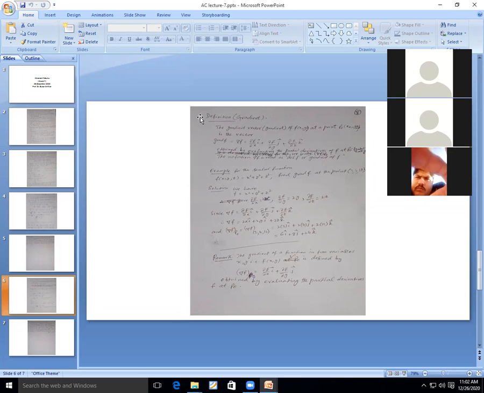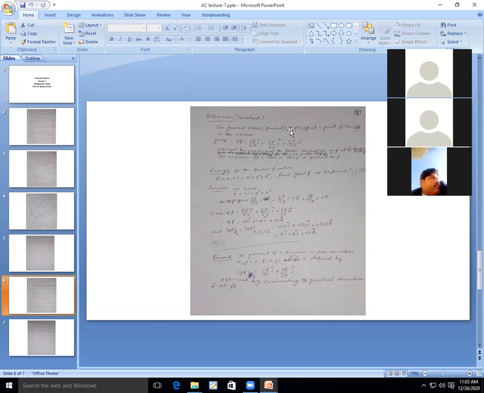So this is the definition of gradient of a scalar function f in 3 variables. फंक्शन हमारा scalar था, लेकिन उसका gradient हमारे पास vector आ रहा है. And this is obtained by evaluating the partial derivatives of f at the point p naught, and symbolically we can write this as del f at the point p naught.